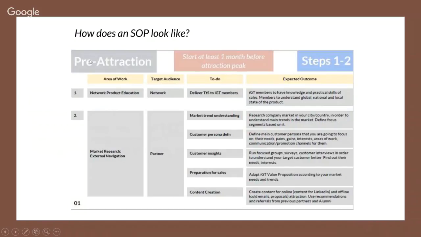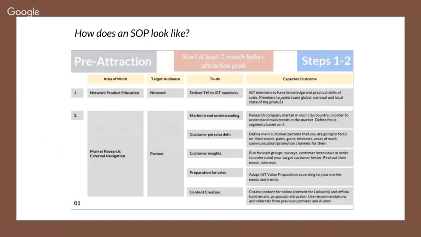This is the timeline, the steps that we should do, the areas of work, the target audience, to whom this SOP applies, what we need to do to fulfill this SOP, and what we expect it to achieve.